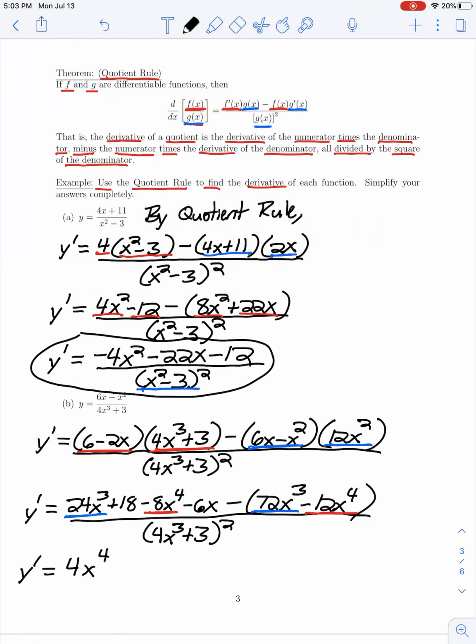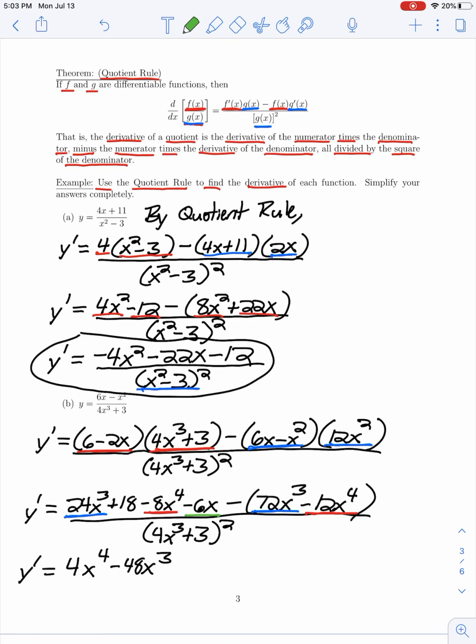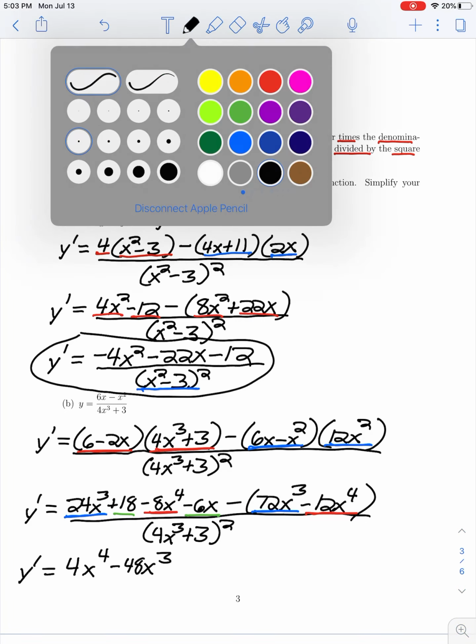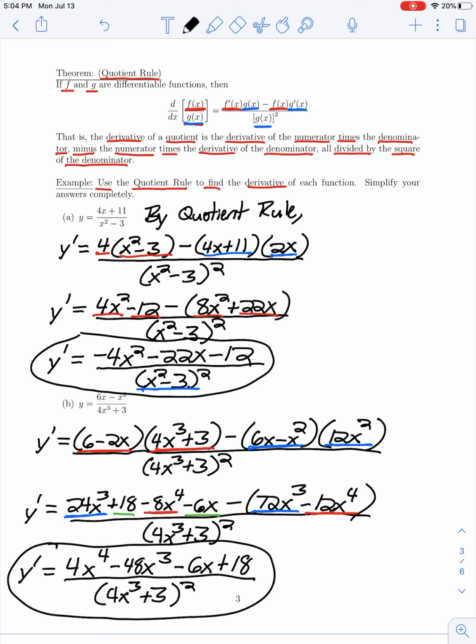So that gives us a negative 48x cubed. And then lastly, our linear and constant terms are negative 6x and plus 18. And this is still all over 4x cubed plus 3 quantity squared. So this would be the simplified expression for the derivative of that quotient.